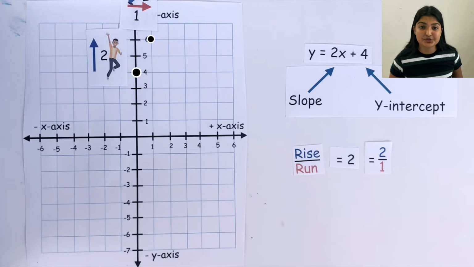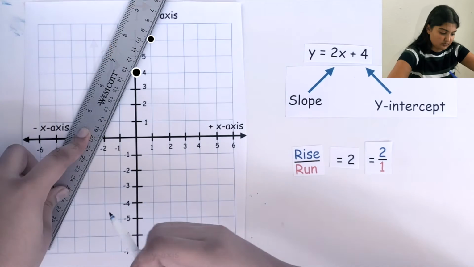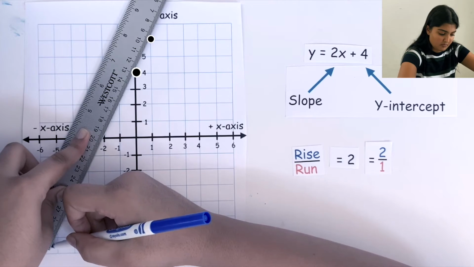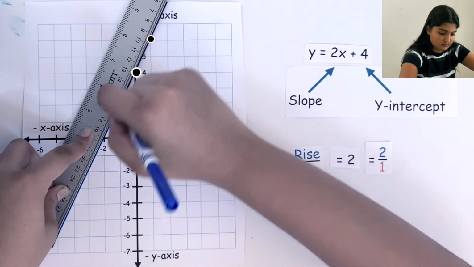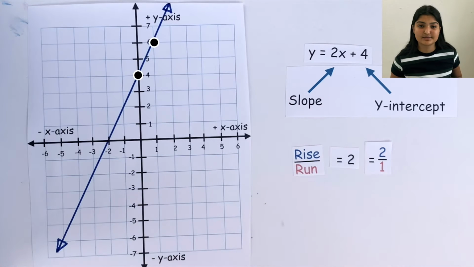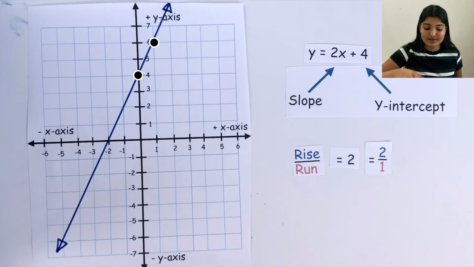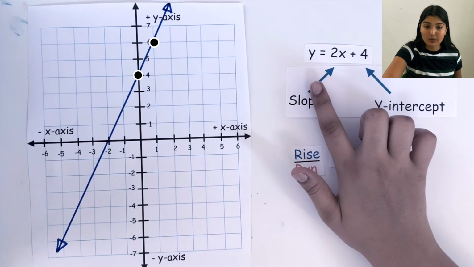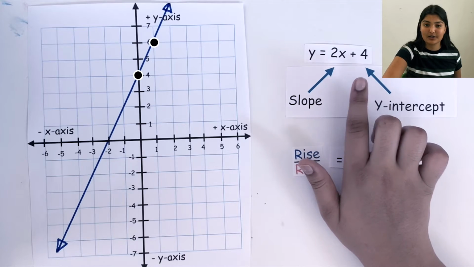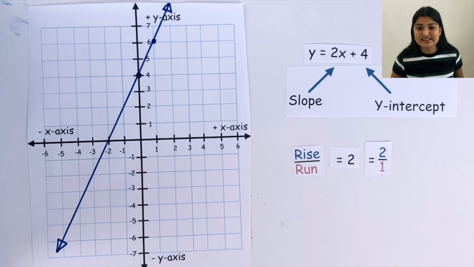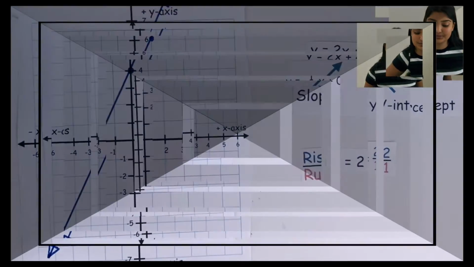Now that we have 2 points, let's connect them and graph our line. So, this is the graph from the equation y is equal to 2x plus 4. Let's look at another example.